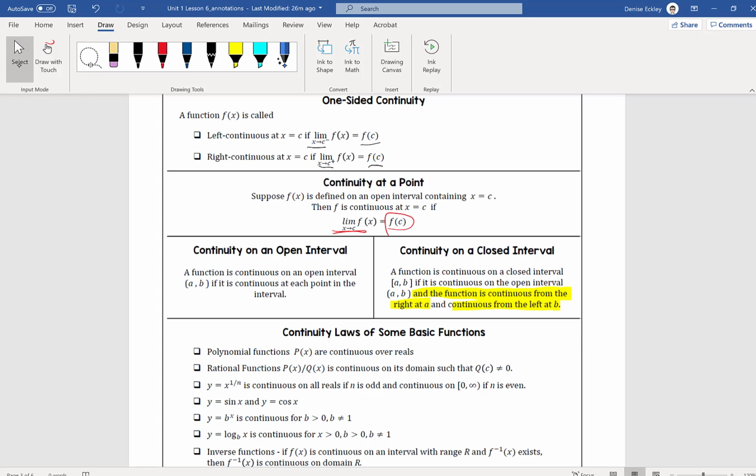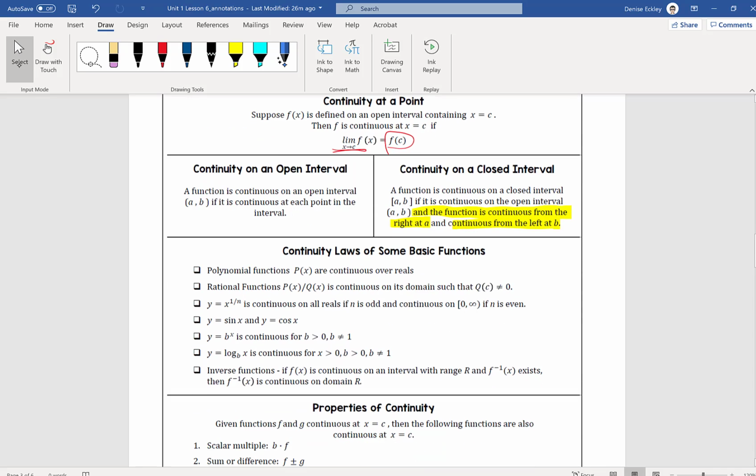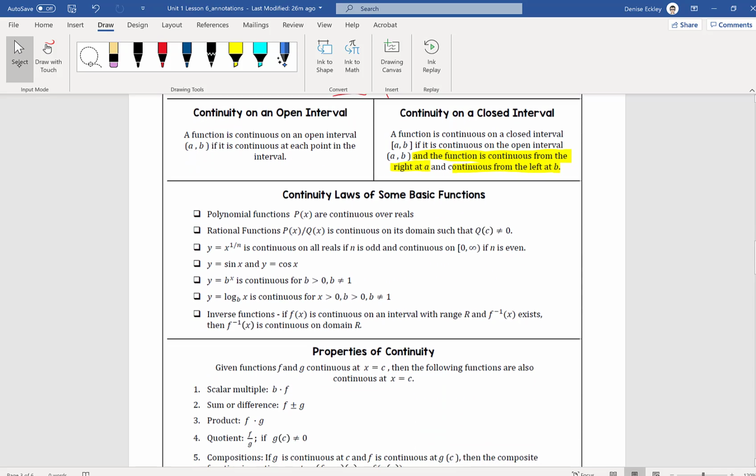Okay, so now we're going to look at some continuity laws of some basic functions. As you guys probably already know, because I talked about this a lot in pre-calculus, polynomial functions are continuous over the entire reals. Rational functions are continuous on their domain such that Q of c is not equal to 0, in other words, where the denominator is not 0.